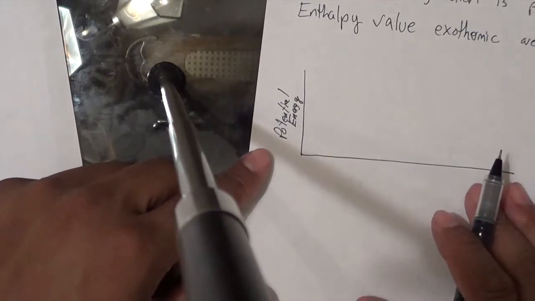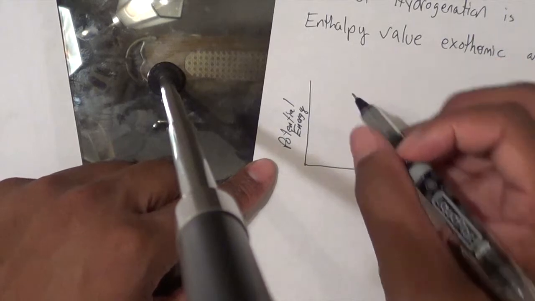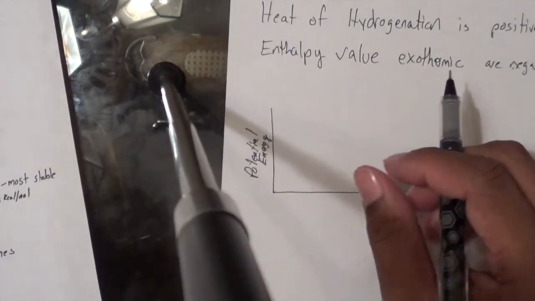Okay, and let's say we're going to have three different alkenes.